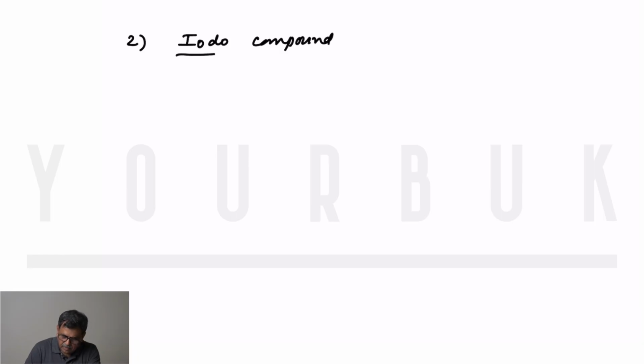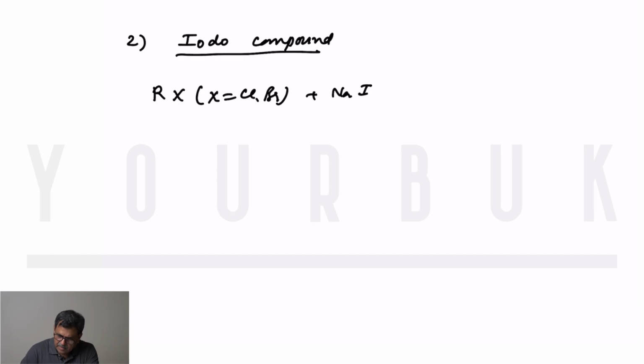Now the second is iodo compound. We prepare iodo compound by reacting the haloalkane, again X can be chlorine or bromine, with sodium iodide in the presence of dry acetone. Dry means it's anhydrous, no water, no moisture. It forms iodoalkane.